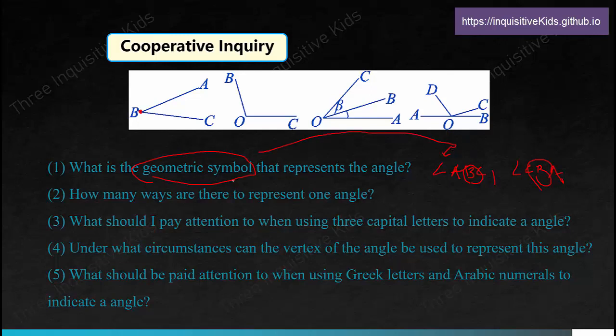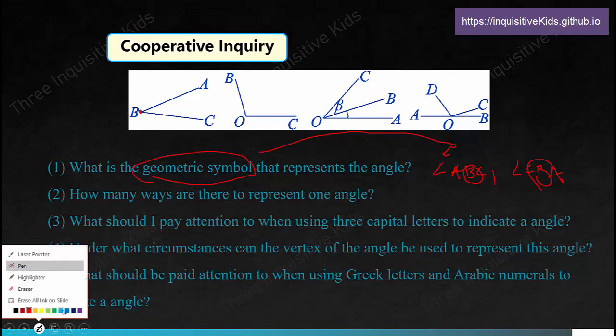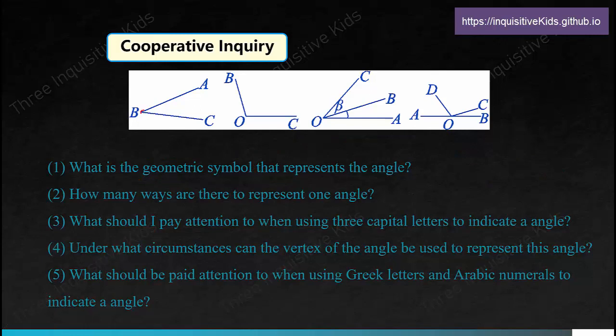And then, how many ways are there to represent one angle? Okay, I'm going to erase this. Got that? The geometric symbol of the angle is this, and of course, the vertex always has to be in the middle. So question number 2, how many ways are there to represent one angle? There are actually quite a few. There's the one we just went over. There's another, for example, you could go angle 1 or angle 2, angle 3.